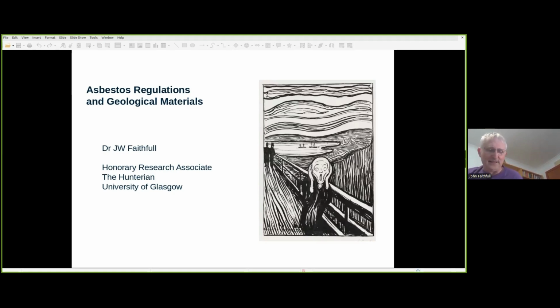Asbestos is perhaps the ultimate safety bogeyman, hence the slide here. And it's a very large and complicated topic with an enormous amount of regulatory and scientific stuff that you could potentially cover. This is not going to leave anybody as any kind of expert on this.